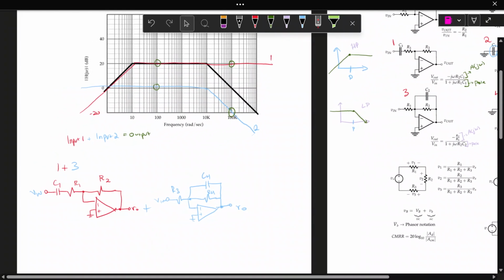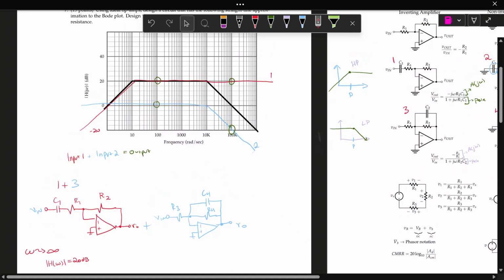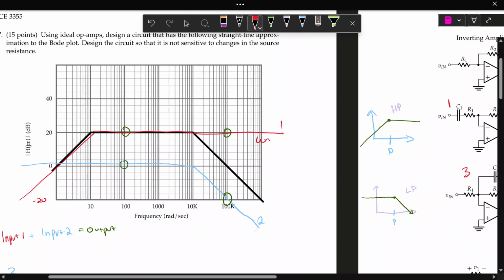What I mean by that is, let's look at input 1. What does the graph tell us? Well, the graph tells us as omega approaches infinity, the value of our magnitude should be 20 decibels. And that has to be true, right? Looking at this, as omega approaches infinity, our value is 20. It won't change. It's going to be the value.